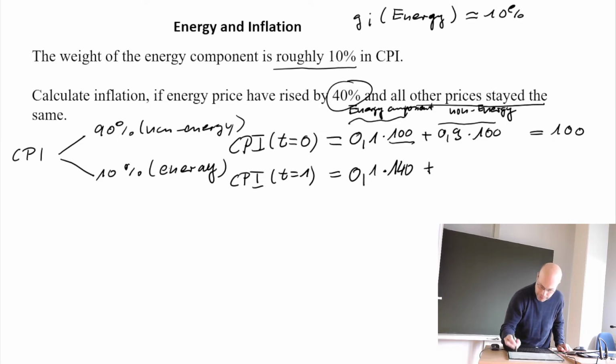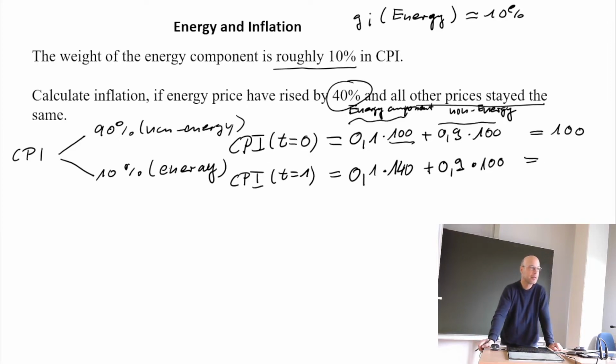And all other prices should stay the same. So I have to write 0.9 times, yep, still 100, because there we assume that nothing changes.